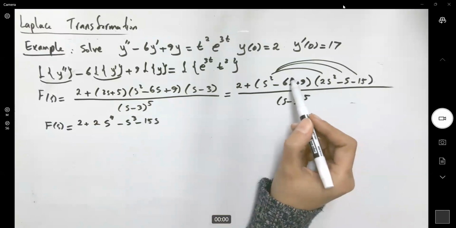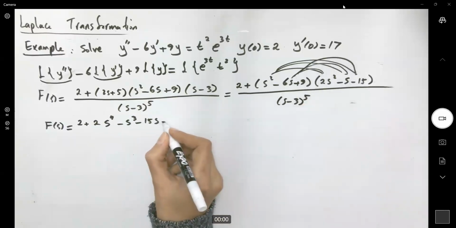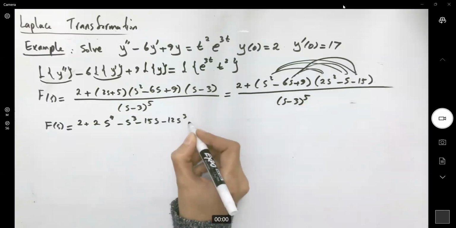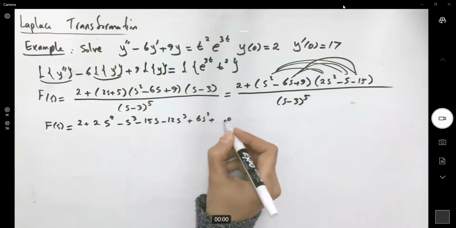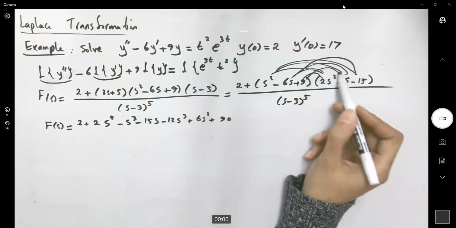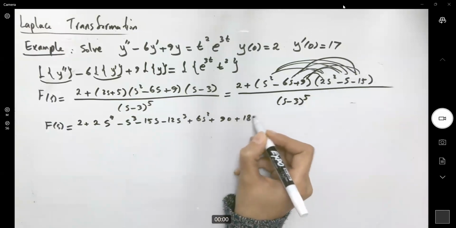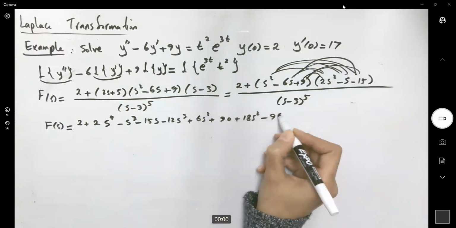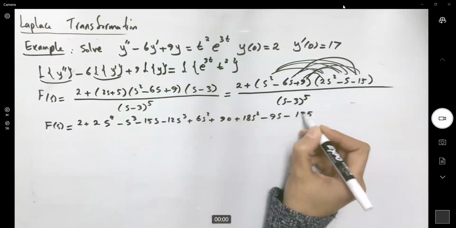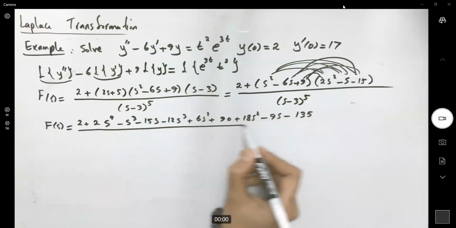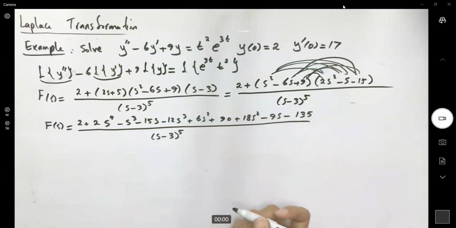Now let us multiply these: minus 12s cubed plus 6s squared plus 90. And now you distribute 9 into the parentheses: plus 18s squared minus 9s minus 135, divided by (s minus 3) to the 5th.